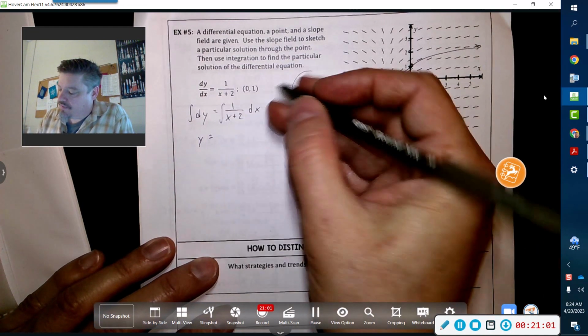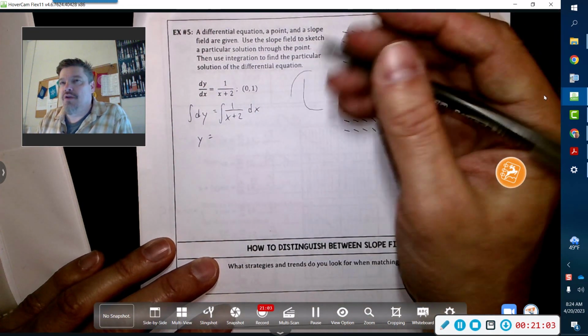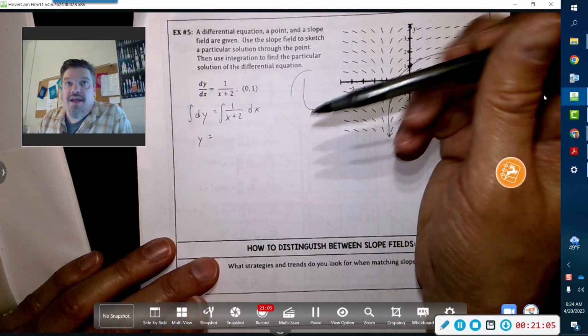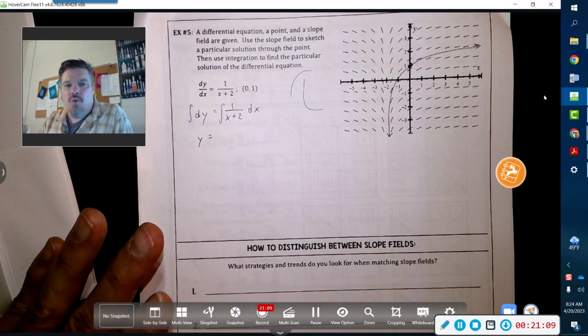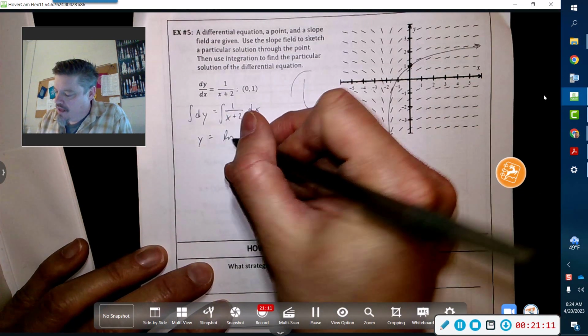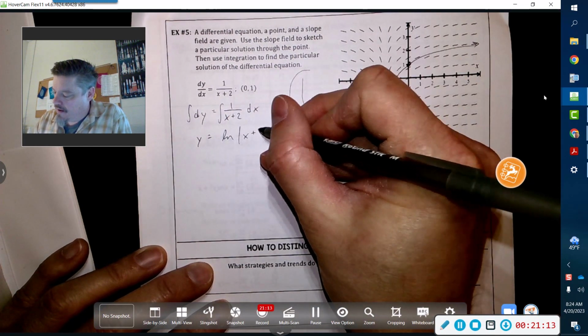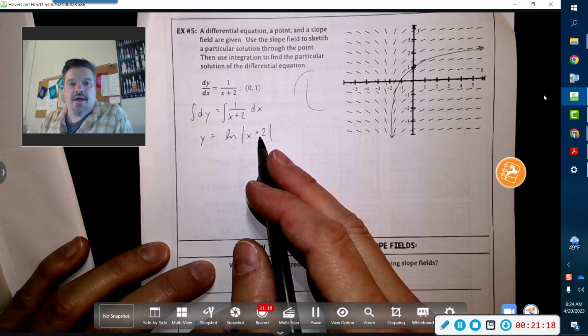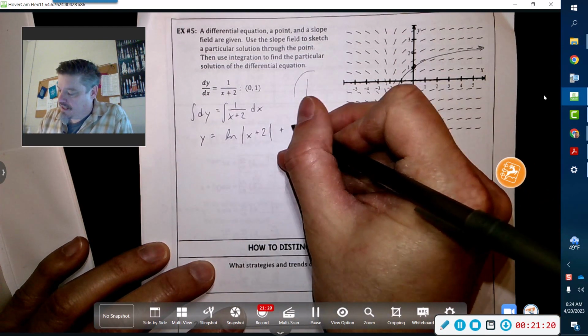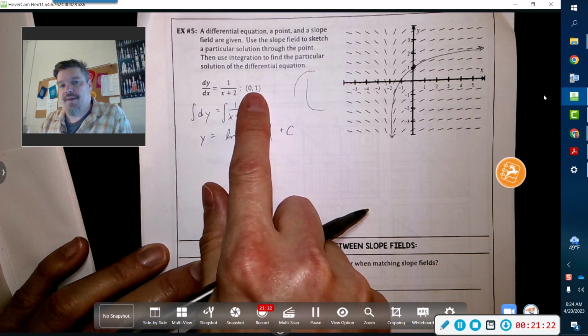The antiderivative of this, if you imagine u would be x plus 2, but you really don't have to do substitution. There's no weirdness going on. This is straight cut and dry. And then we would have plus c, but it's got to pass through a point.